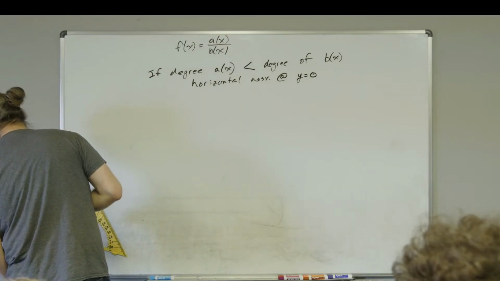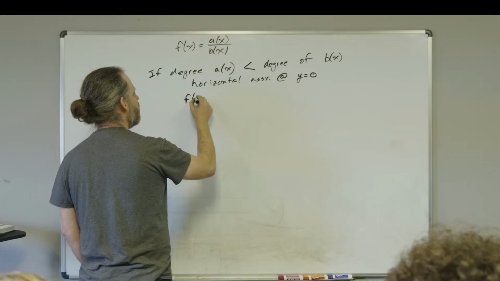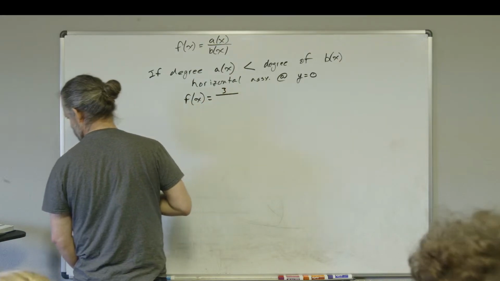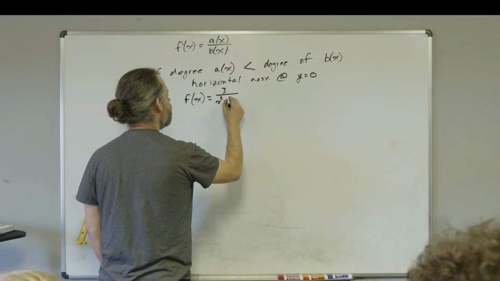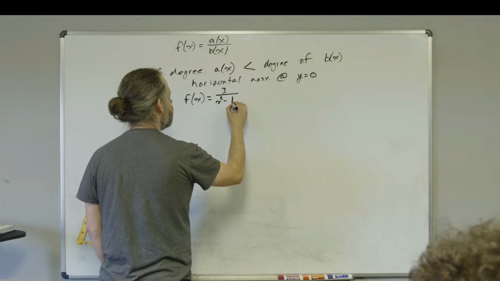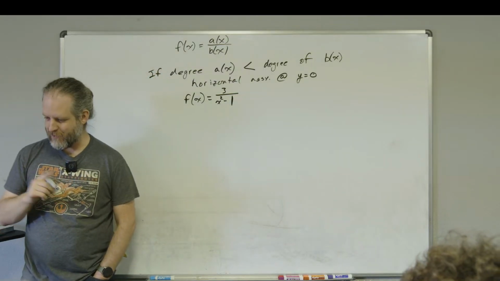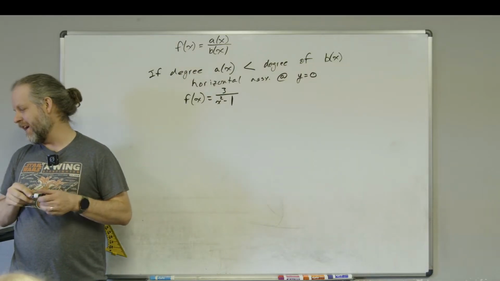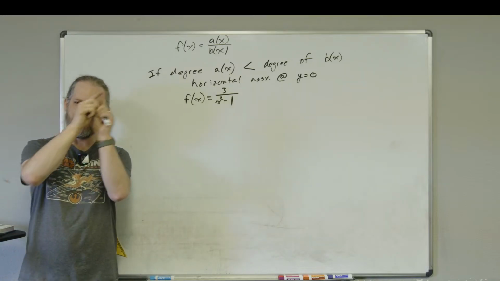So something like this. F of x equals 3 over x squared minus 1. Before I draw this example, what makes this particular one different than a reciprocal function like the one we learned about in the last lesson?